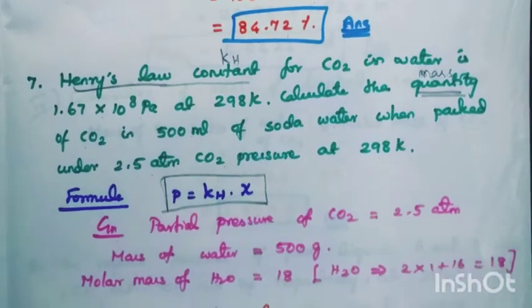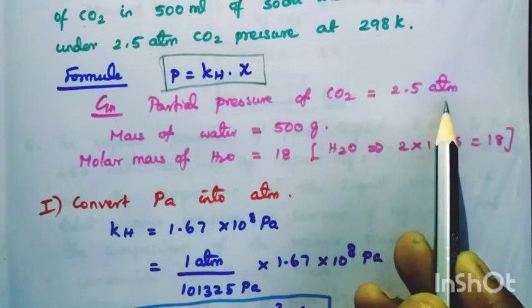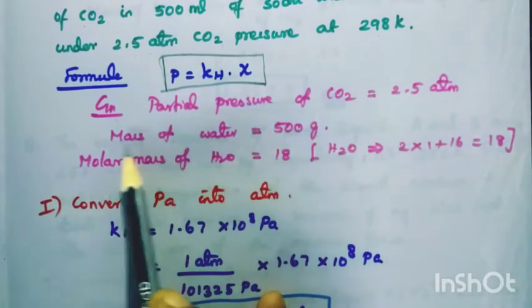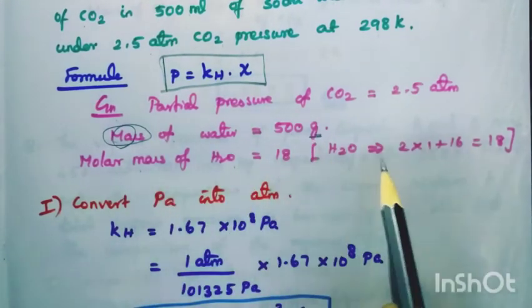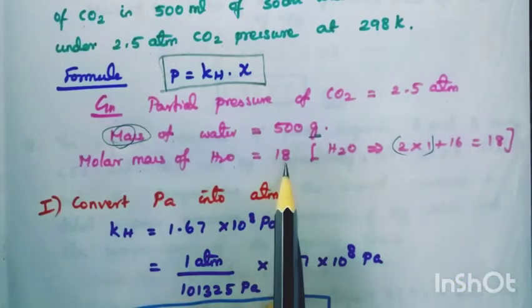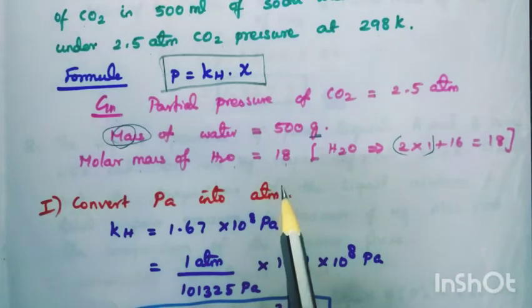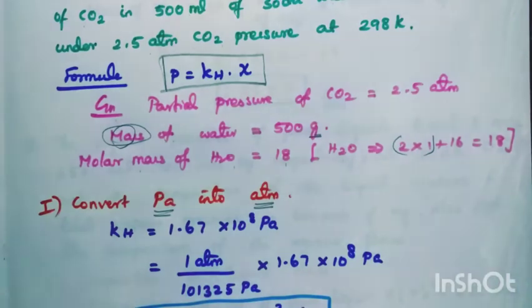Given: partial pressure of carbon dioxide is equal to 2.5 atmosphere. Mass of the water is 500 gram. ml we are writing, but we need the mass, so in gram. Molar mass of water we know. That is H2O, 2 into 1 plus 16 equal to 18. So 18. Now we have to convert the KH value, which is in Pascal, into atmosphere.